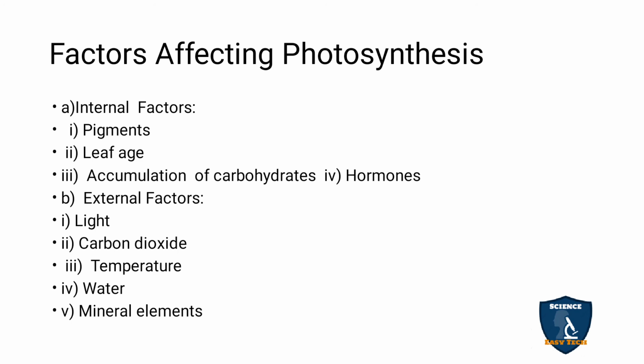And mineral elements: mainly magnesium is necessary for chlorophyll, that is, chloroplast development. Magnesium plays an important role in the formation of chlorophyll. So if some of the minerals are absent, that also affects photosynthesis.